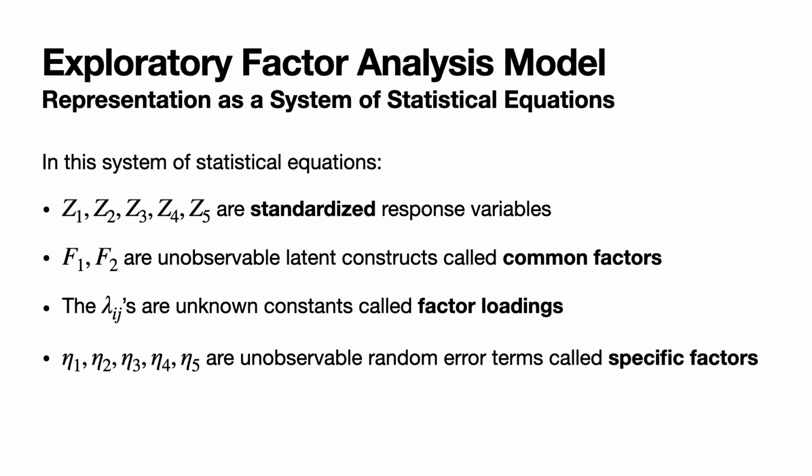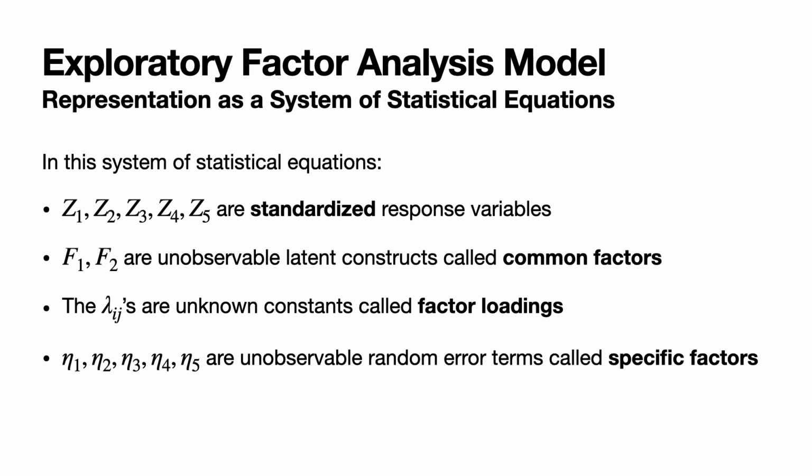In this system of statistical equations, the manifest variables Z1 through Z5 are standardized response variables. This is typical or standard in exploratory factor analysis. F1 and F2, as we've said, are unobservable latent constructs, and in the context of exploratory factor analysis, they are called common factors. The lambda ij's are unknown constants, and in the context of exploratory factor analysis, they are called factor loadings, and they're called that in confirmatory factor analysis as well.